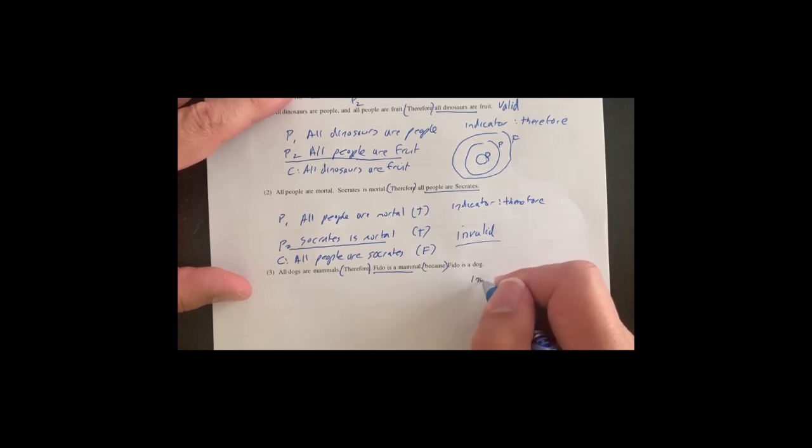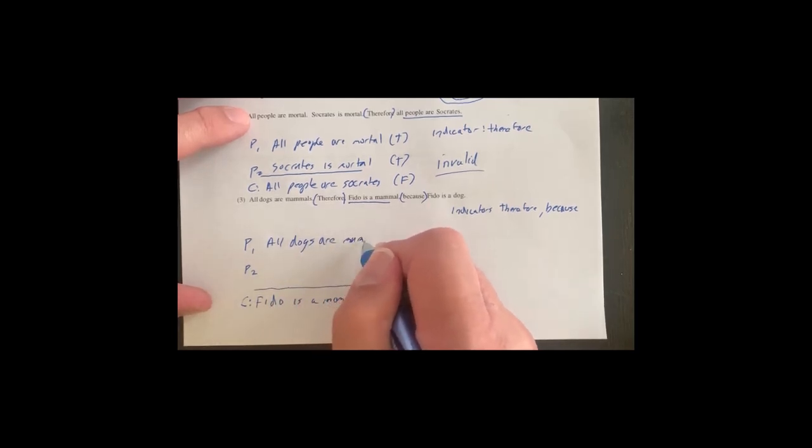So indicators: therefore, because. I'm not going to bother to classify them as premise or conclusion. So now the conclusion is that Fido was a mammal, and then the other two statements are the premises. All dogs are mammals, and Fido is a dog.